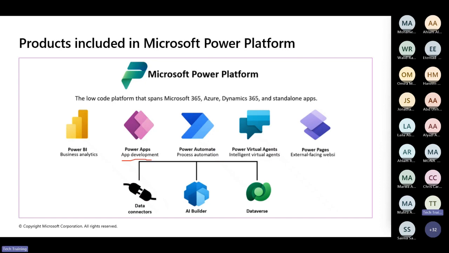Power Pages is like a solution for creating pages, like the pages of the internet. And we also have the AI Builder and the Dataverse. The AI Builder is an artificial intelligence solution builder which goes beyond the automation.